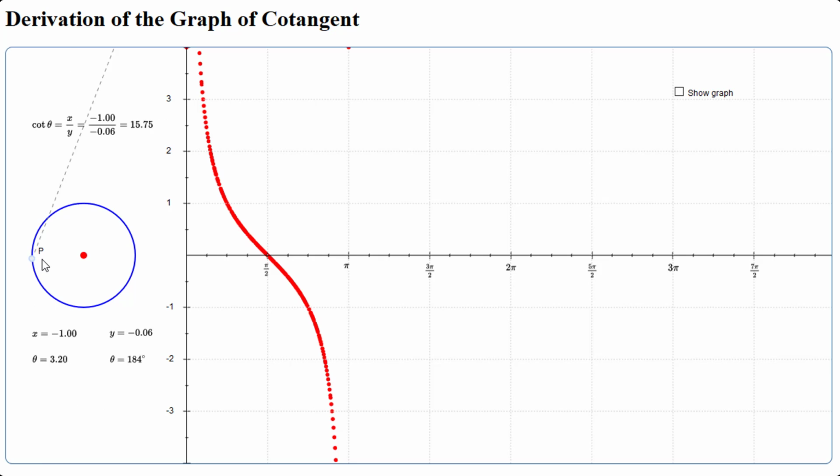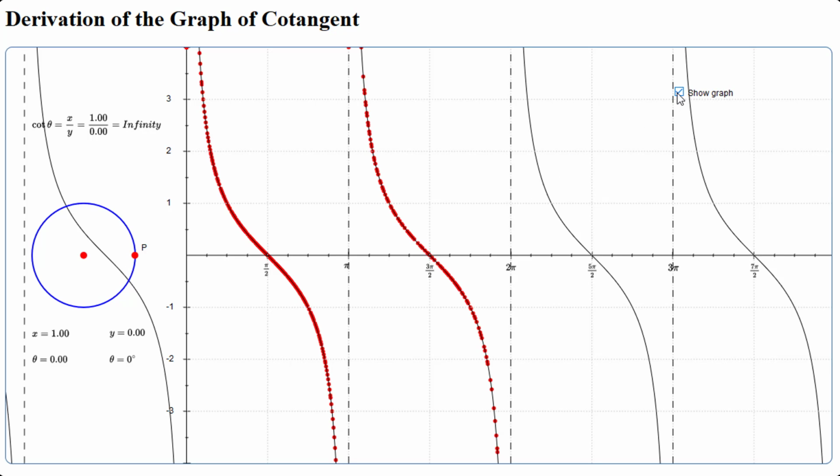So it's a decreasing function. But again, you get 2 full cycles of this by the time you get to 2 pi. So the period of cotangent is just pi. And the graph here matches up with what we expect.